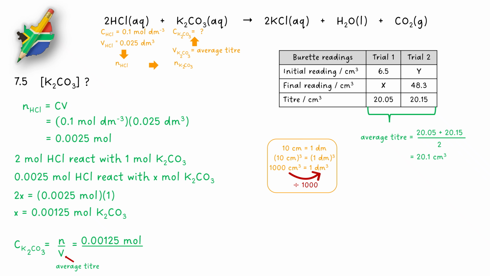And we must convert this to a value in decimeters cubed by dividing by 1000. So the average titer in decimeters cubed is 0.0201 decimeters cubed. Putting this value into the denominator and then solving, we get 0.0622 moles per decimeter cubed for the concentration of potassium carbonate.